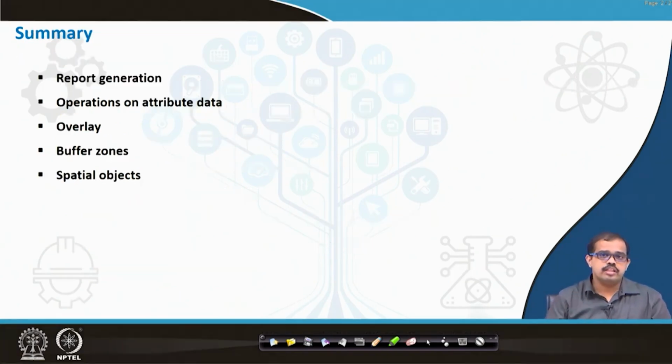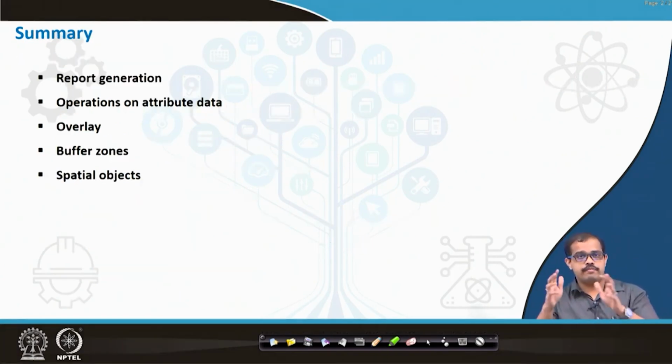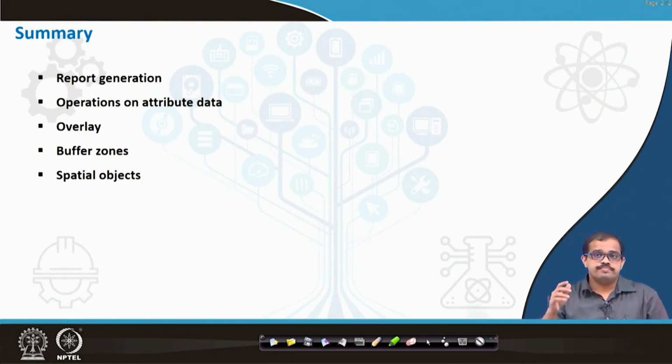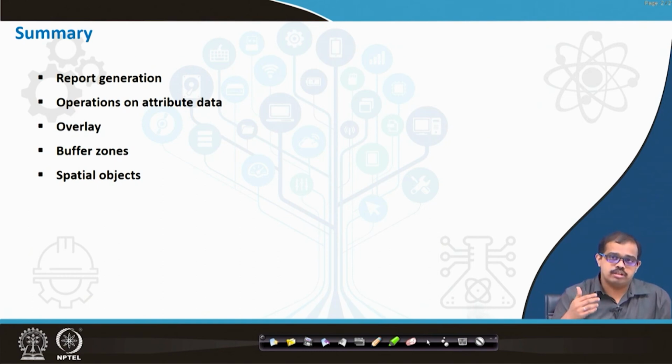So, this is about how you use overlay and buffer zones and how spatial objects are represented. What I am trying to make you understand is how an analysis is actually done and what the different tools of analysis are.